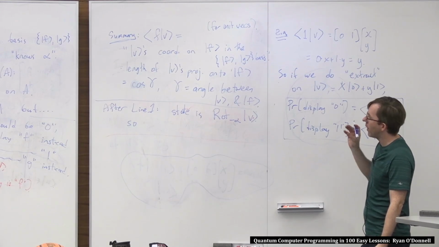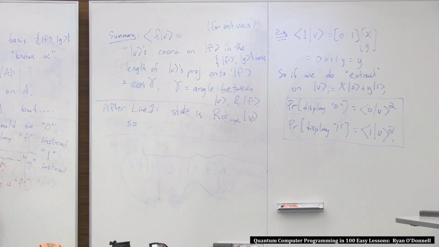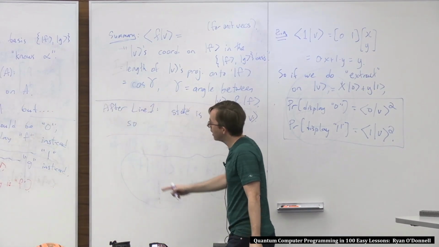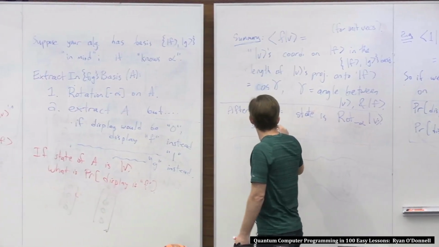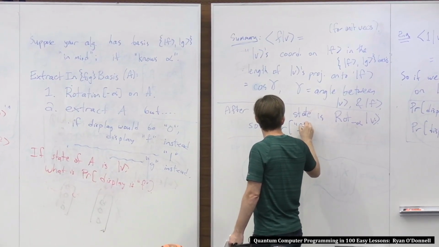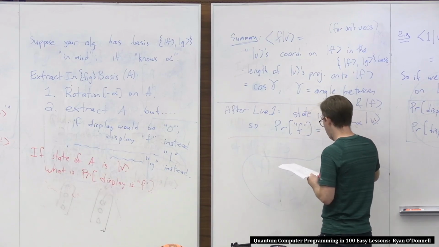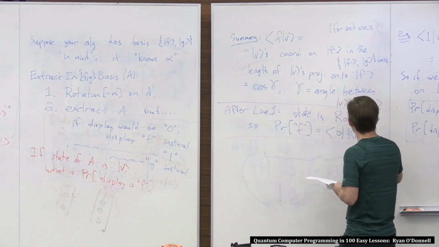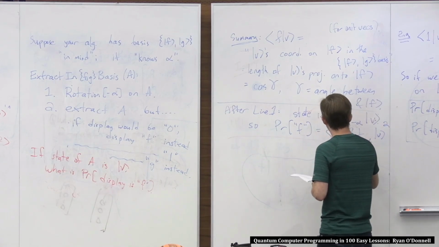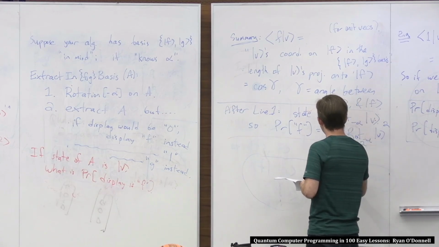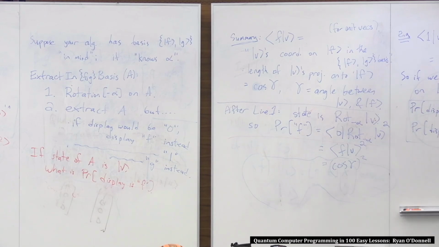But we just finished figuring out that the 0th coordinate is the inner product between ket V and ket F. So the probability that this would output 0, and therefore we change the output to F, is this inner product squared. It's the inner product of F with V, squared. Or you could say it's cosine of gamma squared, where gamma is the angle between V and F.